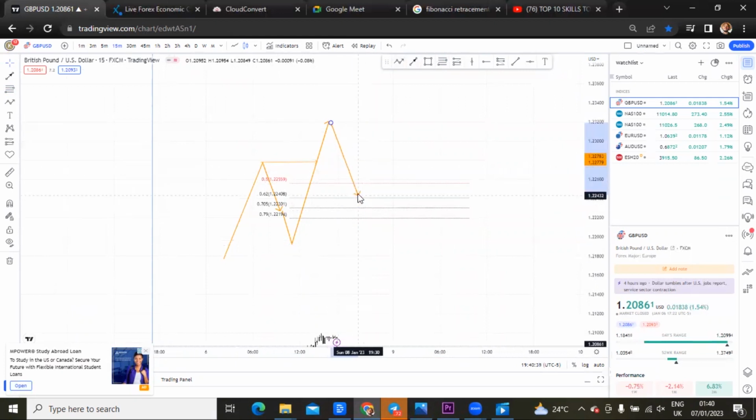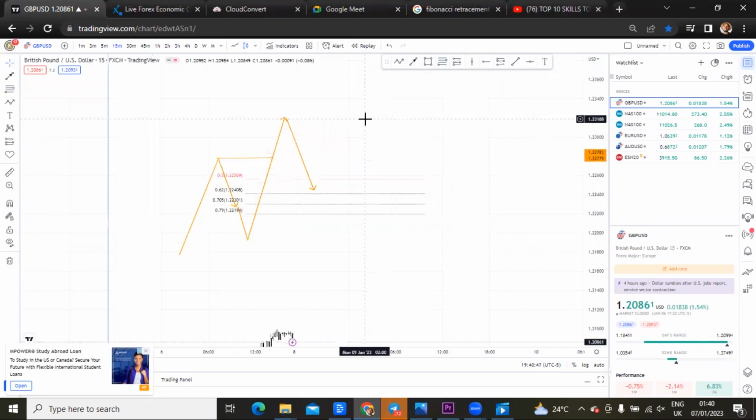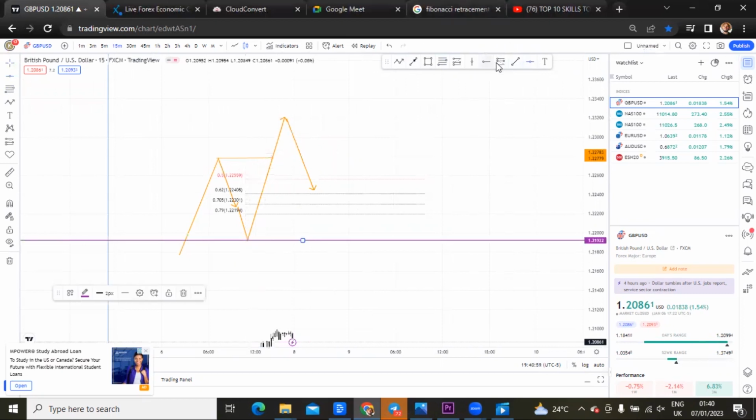Now, why is this so? This is so because smart money always want to buy low and sell high. Now, what do I mean by buying low and sell high? So I'm going to mark this as a range, this low and this high.